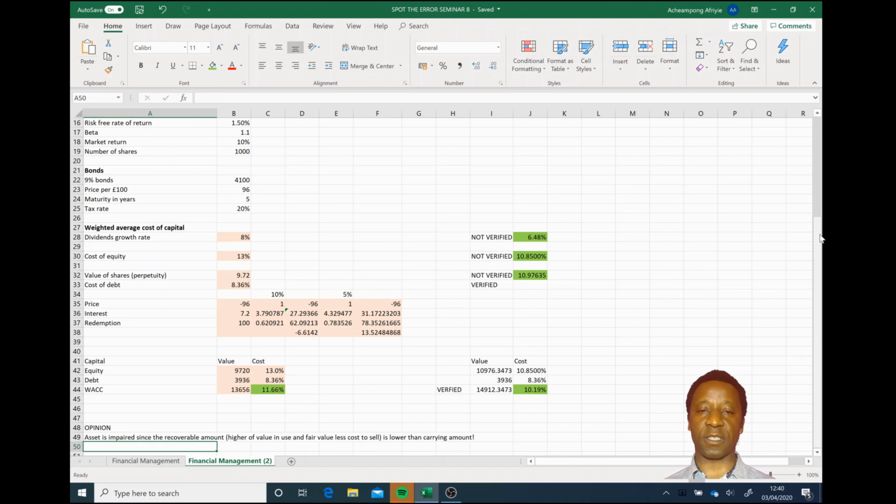But I hope you can see how the various technical knowledge that you have in financial accounting, in terms of impairment review, links in with the knowledge that you got from management accounting, about the calculation of IRR, and also financial management when you looked at how to value equity and debt and calculate weighted average cost of capital.